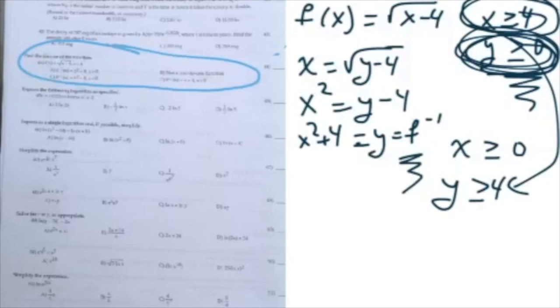And that's huge when you're dealing with inverses. So that's why the answer is the one with x squared plus 4, but it also puts that stipulation that the domain is x greater than or equal to 0. It's all because when you find a function's inverse, everything flip-flops. Domain and range flip-flop, just like the x and y's flip-flop. So just take note of that.